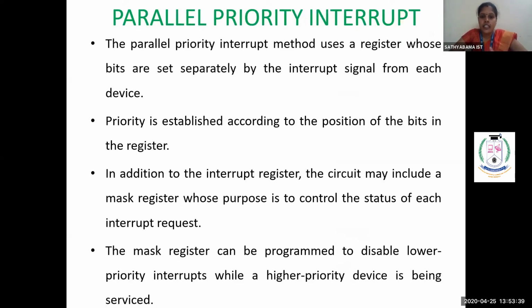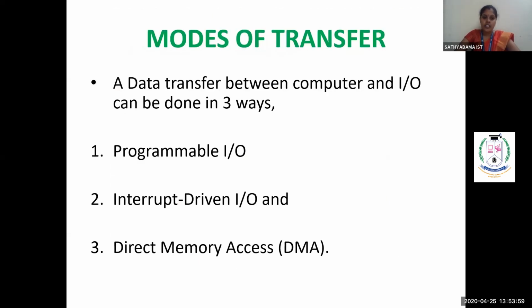There are two types of interrupts, hardware interrupt and software interrupt. In the hardware method you have seen two examples, daisy chaining and parallel priority hardware interrupt. Then in the modes of transfer, you have seen programmable IO and interrupt driven IO.